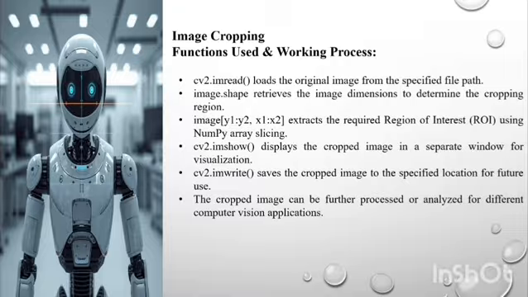Using NumPy array slicing, image[y1:y2, x1:x2], OpenCV extracts only the selected region of interest. After cropping, both the original and the cropped image are displayed using the cv2.imshow function. Finally, cv2.imwrite saves the cropped image to the specified location so that it can be used for further processing or analysis.